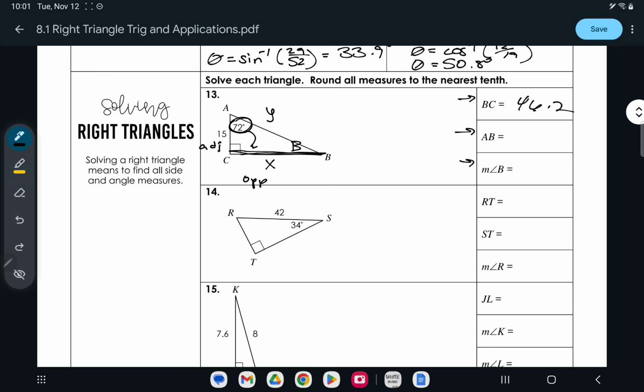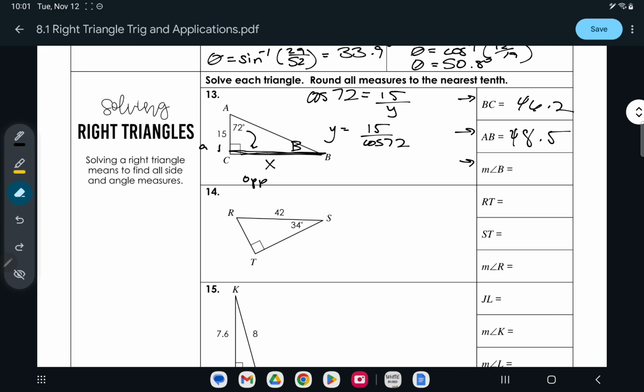Next one is AB. So let's see. I know the adjacent, and I'm trying to find the hypotenuse, so I can do cosine of 72 is adjacent over hypotenuse. So the hypotenuse is 15 over cosine 72, which gives me 48.5.